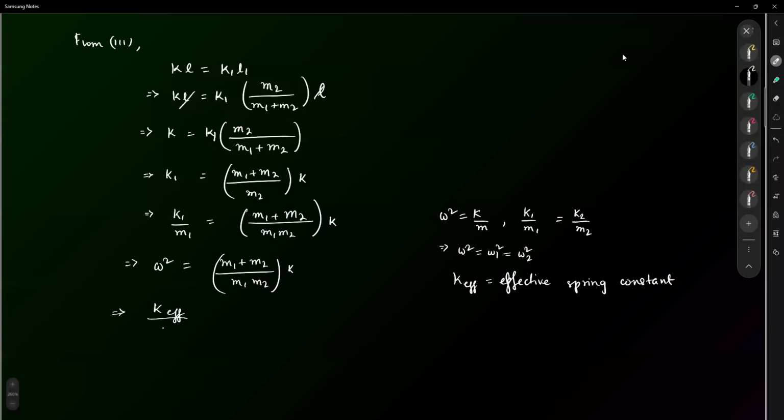But in this case, we don't know the value of total mass, including the spring. So we are neglecting that. So we are just putting M1 plus M2 is equal to M1 plus M2 by M1 M2 into K.